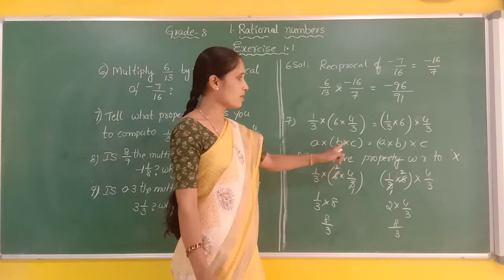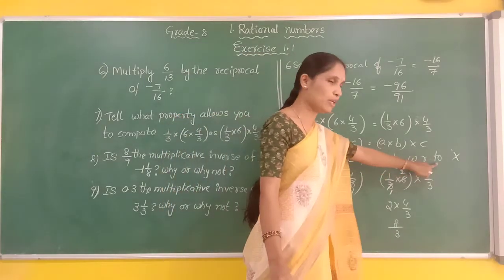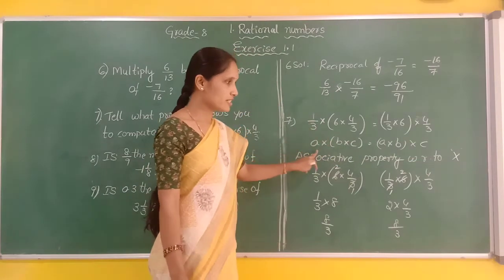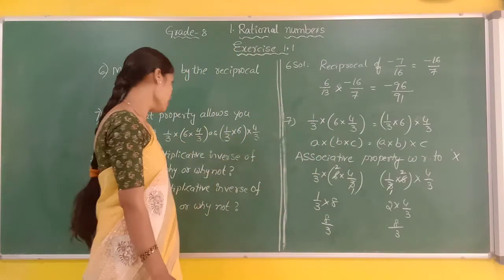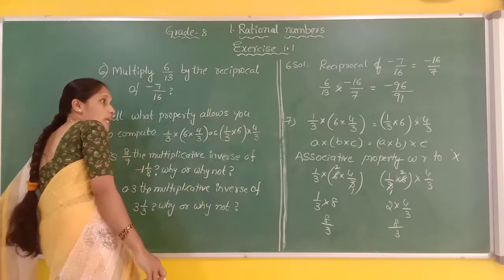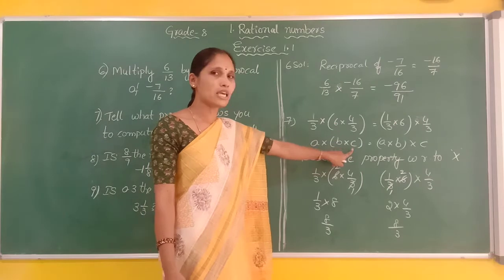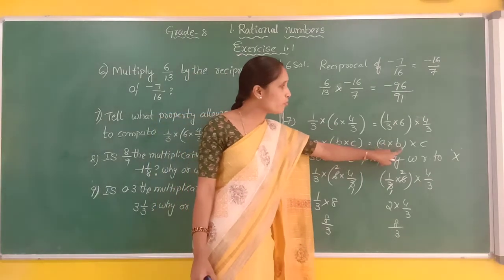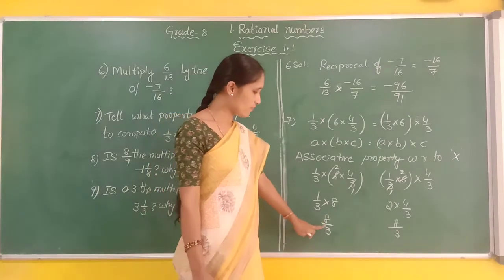Rational numbers satisfy the associative property with respect to multiplication. Did you understand this problem? What is the name of the property involved here? That is associative property. This is the value of the left side part.